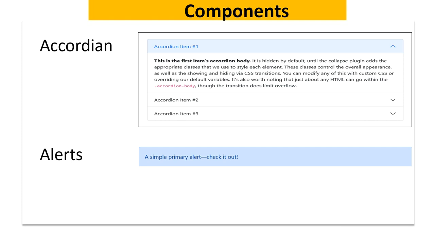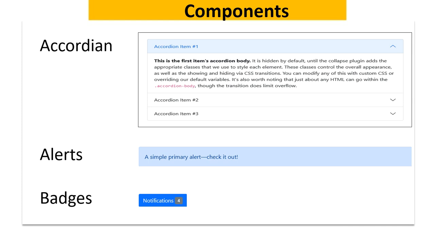Sometimes in the web application we need to display an alert to the user, some information message or some feedback about the user action. At that time I will go for alerts. Then badges. I guess you see this kind of UI in Gmail.